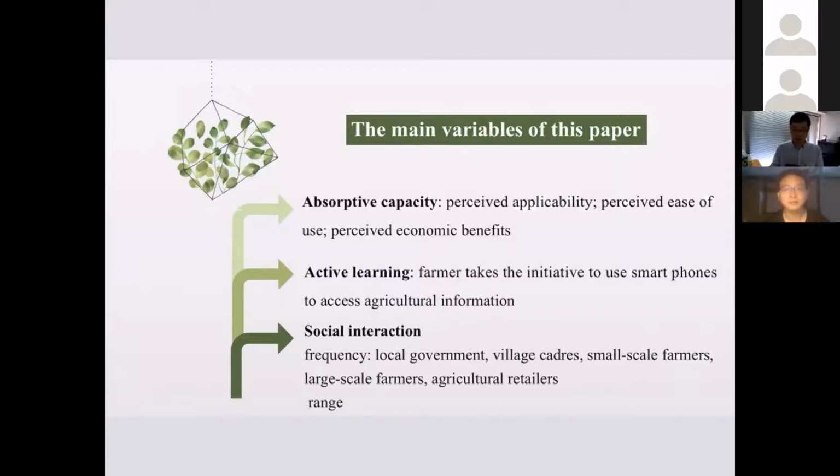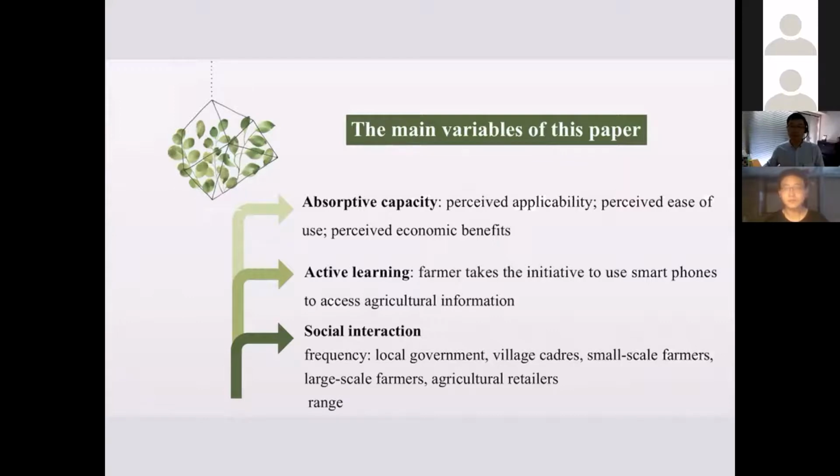Farmer social interaction is measured from two aspects. The one is frequency of farmers' interaction with local government, which covers small-scale farmers, large-scale farmers, and agricultural retirees. The other is interaction range, which represents the number of farmers closely interacted with.